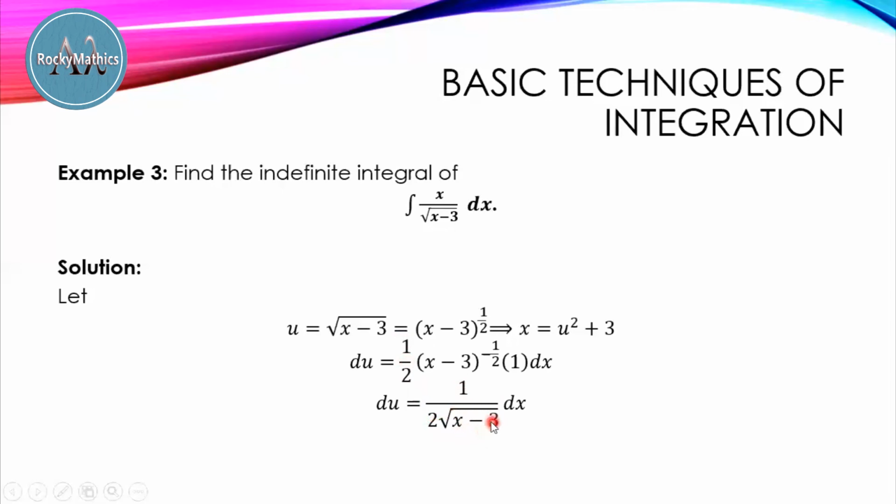Now, what is this? This is just equal to our u. So, therefore, we have 1 over 2u. You multiply this 2u to du, so we have 2u du is equal to dx. So in other words, our dx in terms of u is 2u du, and we have our u, which is this one, and our x, which is u squared plus 3.